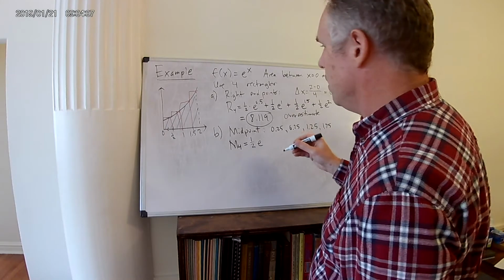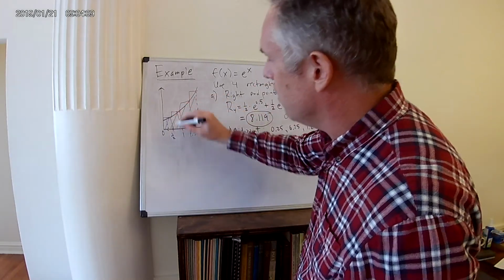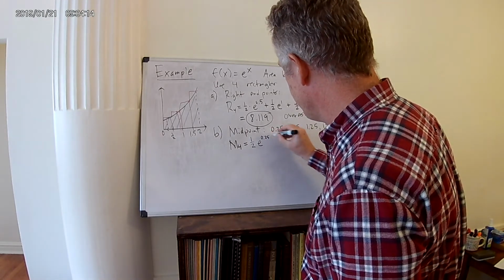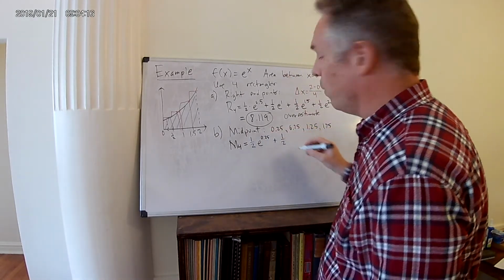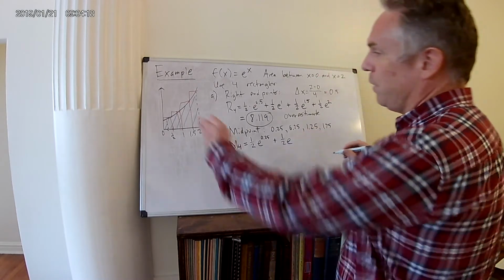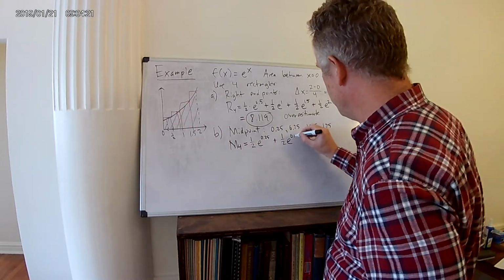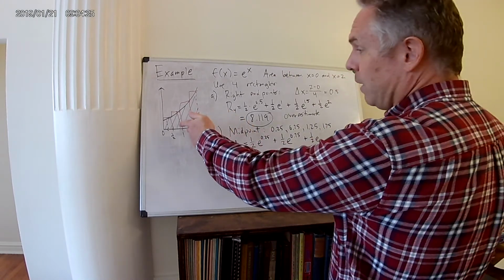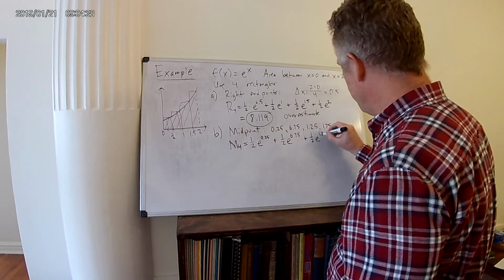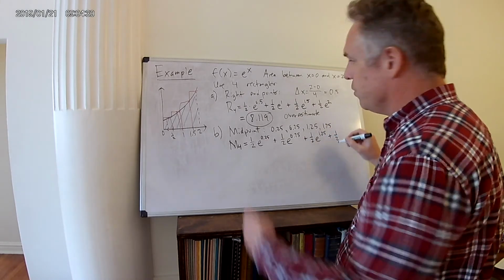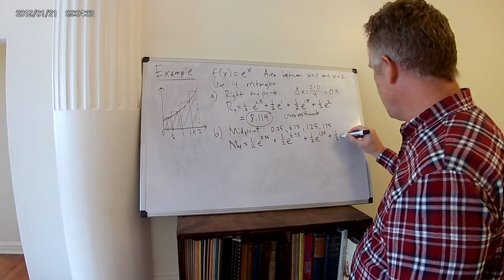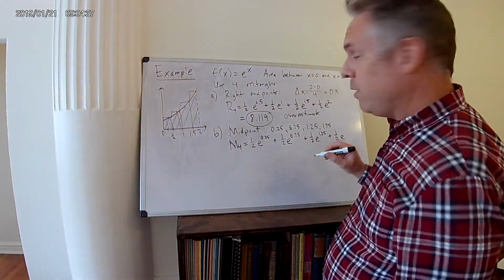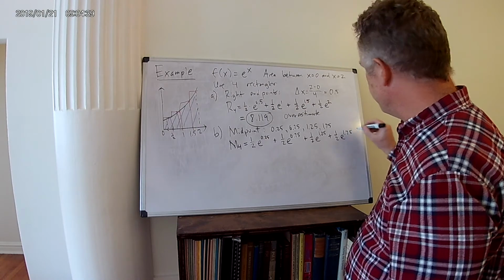The y value of this point here is e to the 0.25, plus 1/2 times e evaluated at the midpoint 0.75, plus 1/2 times e evaluated at 1.25, plus 1/2 times the height of the final rectangle, e to the 1.75.